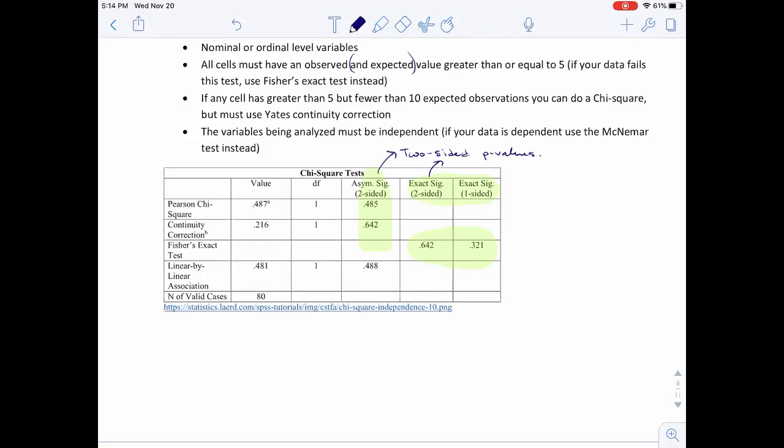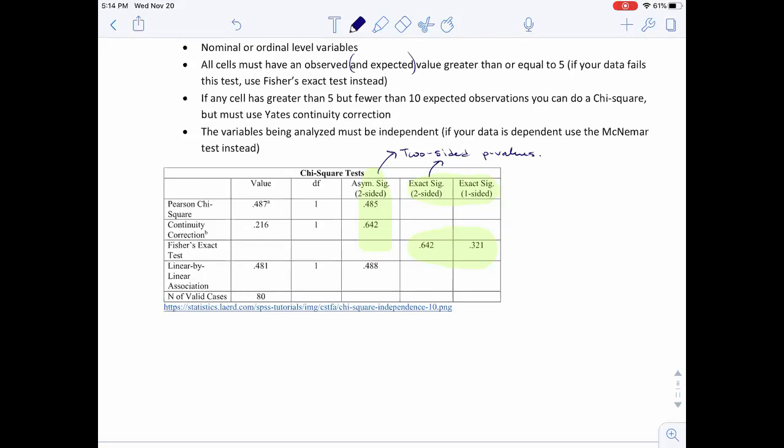So you wouldn't divide them by 2? No. Why not? Just leave them. Just because of the shape of the chi-squared distribution. In what instance did we divide it by 2? Because there was one, right?